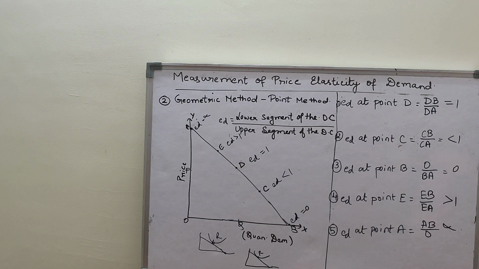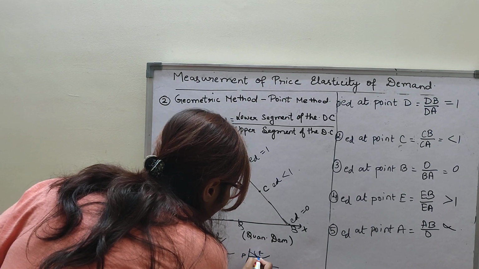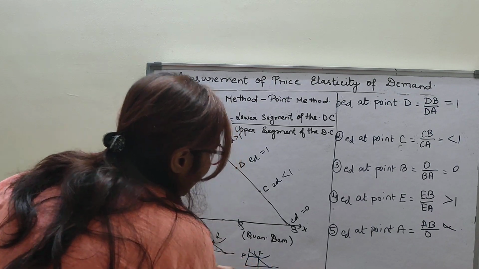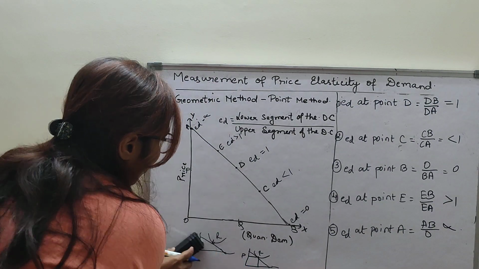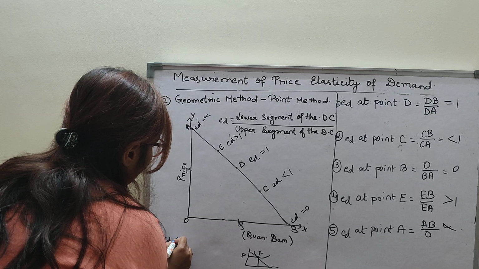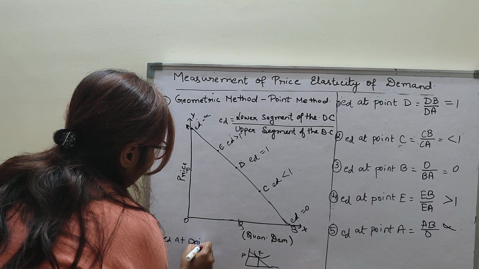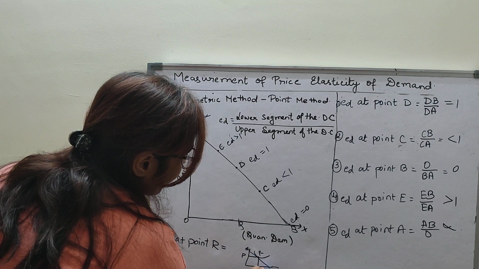So see here, here is the price and here is the quantity. So if I need to find out the elasticity at point R, we can write the formula: elasticity at point R is equal to the lower segment. So this is the AB. Clear?